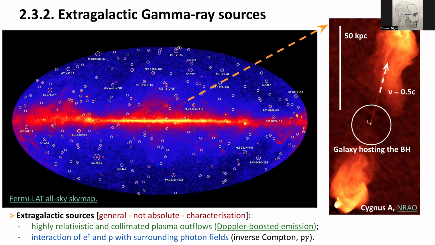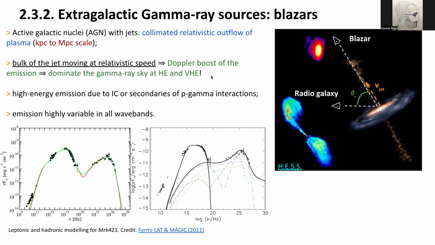Okay, so the other thing is that since they are traveling so fast, the radiation is Doppler boosted. So active galaxies with jets, that are collimated relativistic outflows of plasma from kiloparsec to megaparsec scale, are actually most of the sources that we observe in the gamma ray sky, because if the jet is pointing at a small angle with respect to you, we call this type of source a blazar, and you really see a strong Doppler boosting of the radiation.